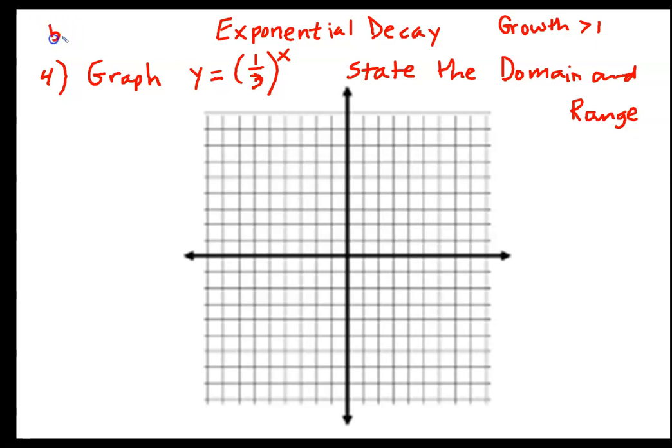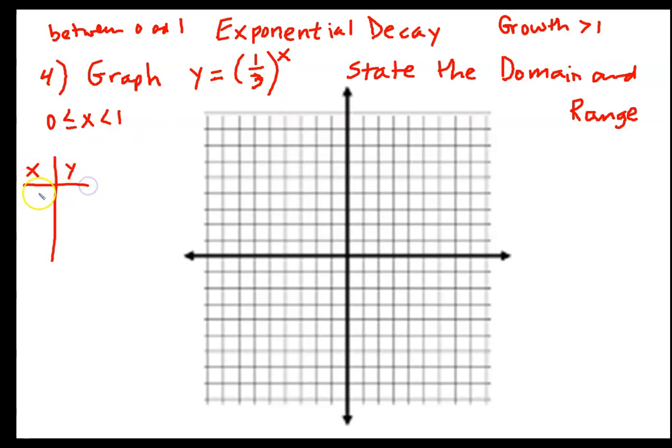All right, so we'll just say it like this, and then using inequalities, we could say it like that. It'll be bigger than 1 for growth, and less than 1 for decay.